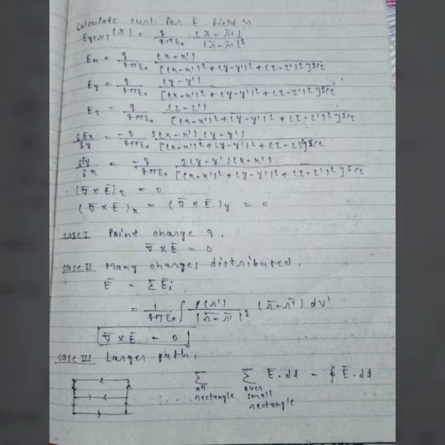How about a larger path? For a larger path, recall the trick we did for divergence. Similarly here, if I take a large path, I can divide this into many small rectangles. Let's look at two adjacent rectangles and traverse them counterclockwise.